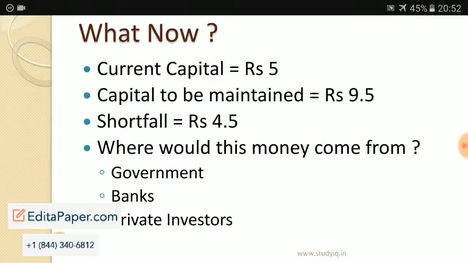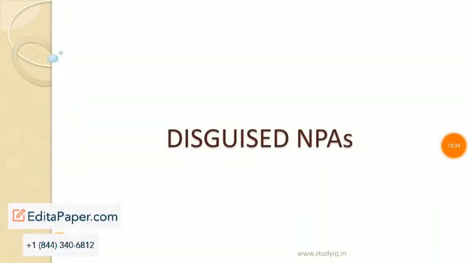So now we have seen how the non-performing assets actually impact our capital base. The erosion of the capital base takes place, the financial stability is impacted, and it is because of this reason that NPAs are considered really threatening as far as the macroeconomic stability and the banking stability of the country is concerned. Now we would consider the case of disguised NPAs.